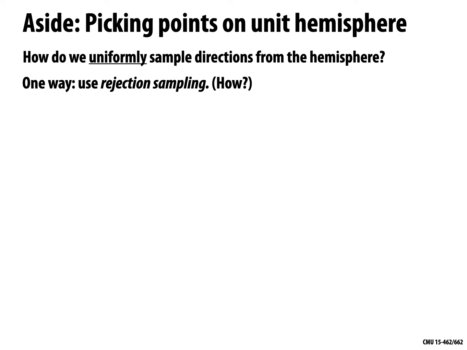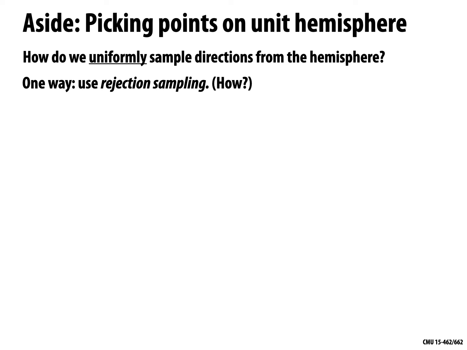And so just by symmetry, there's no way for these samples to show up more on one part of the sphere than on the other. In contrast, if I had just picked uniform points in the unit cube and normalized them without doing any rejection, I'd be in trouble. I'd have more points near the corners of the cube and fewer points near the middle of the faces of the cube.